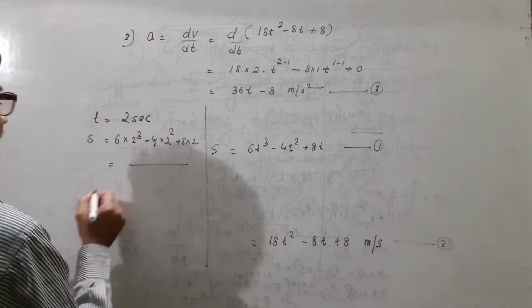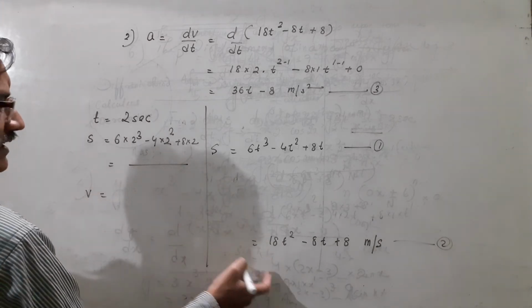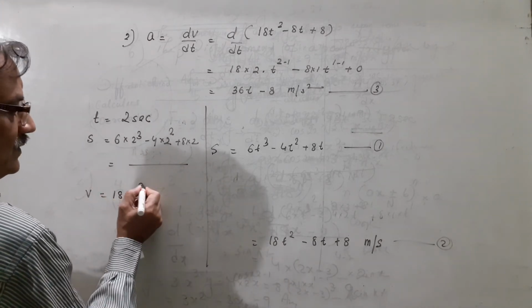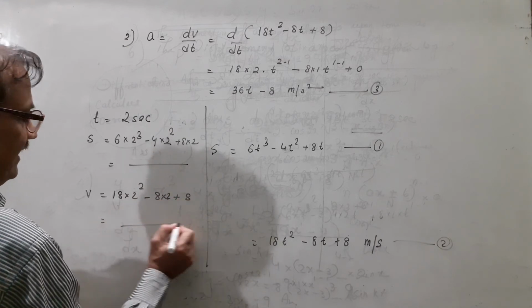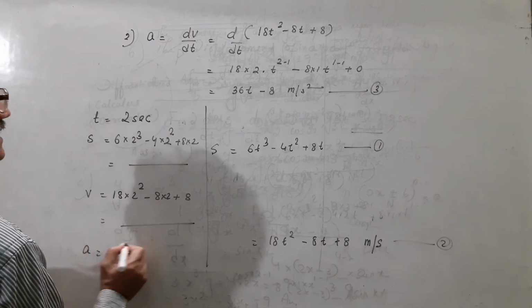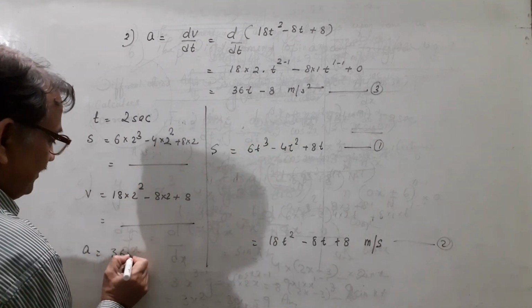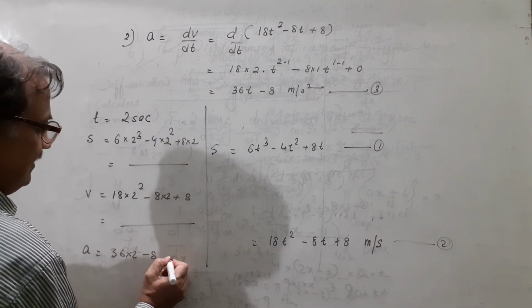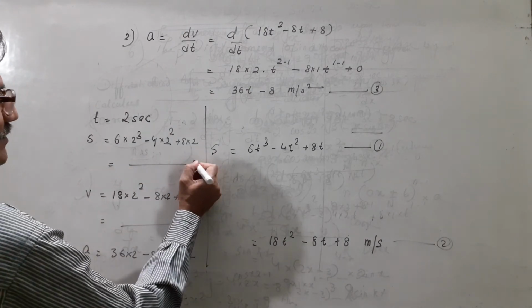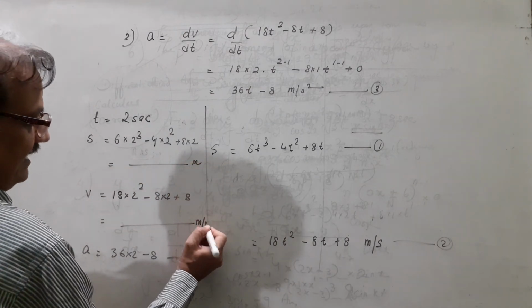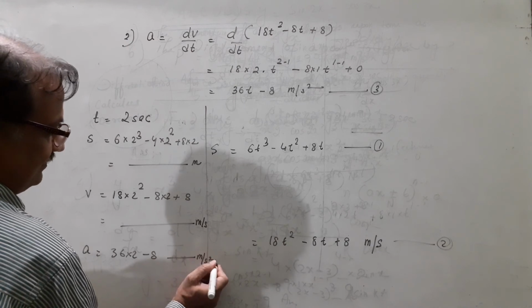Find out the value. Velocity equals, put here 18 into 2 square minus 8 into 2 plus 8. Find the value. Acceleration is equal to 36 into 2 minus 8. Find the value. And don't forget to write the units here: meter, meter per second, meter per second square.